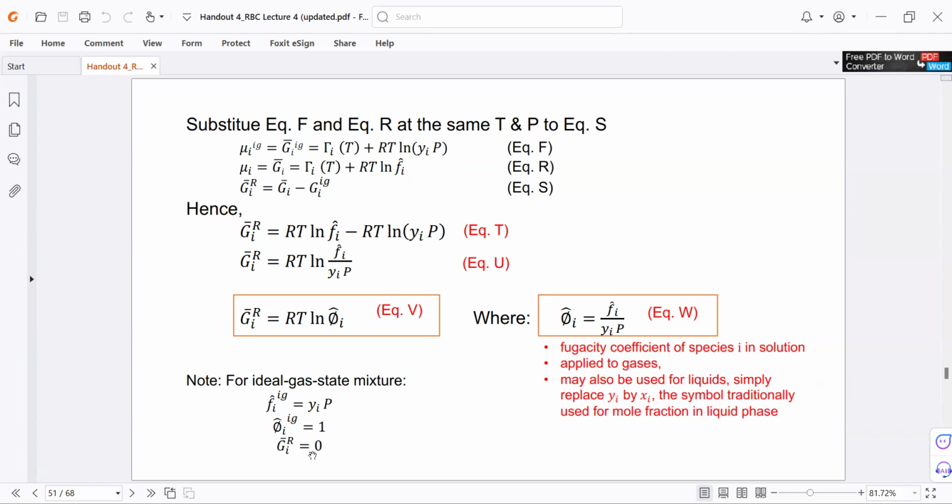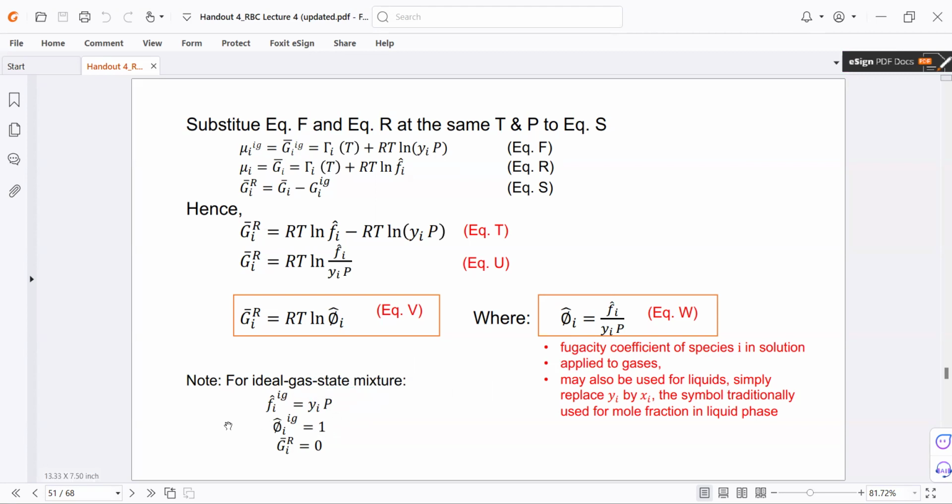Okay, so some important notes. Remember that for an ideal gas, just like our pure species, the fugacity of an ideal gas is equal to the partial pressure of the gas. So this time, the fugacity of an ideal gas for a species in solution, f_i hat, is equal to its partial pressure. It's the same concept.